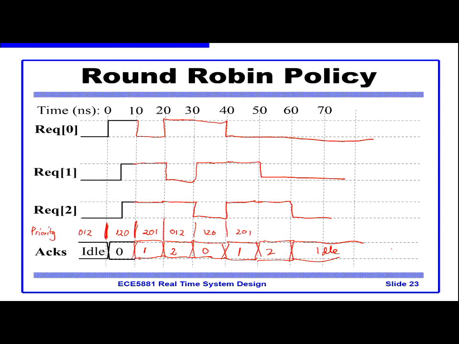All right, so that's a big tick. But round robin is still not perfect because if you're unlucky with regard to this rotating priority in terms of when you request, you still may have to wait for your turn to come around. Could be quite a while in a large number of requests. So that's not perfect, but it's certainly a big improvement.